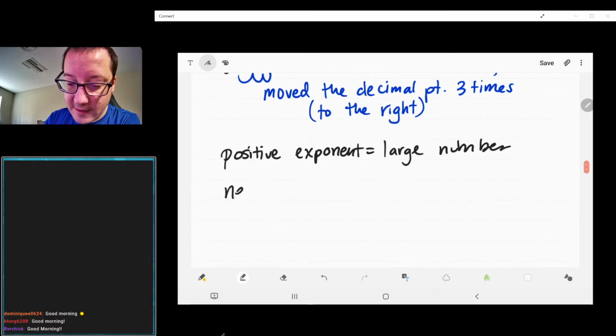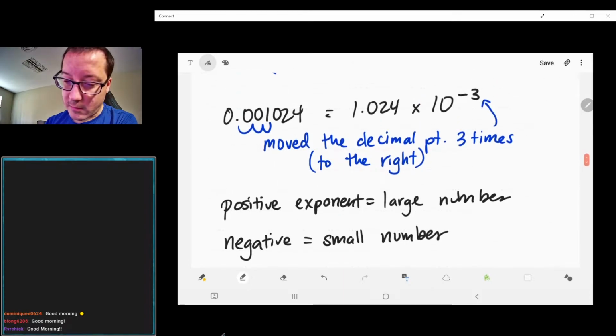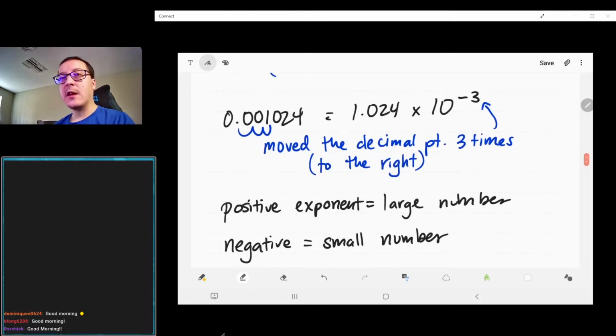And if yours is negative, that means a very small number. So here, I'll move that up a little bit so you can see that. So hopefully none of this should be necessarily new, but we're still going to go over it again just in case, or maybe it's been a while since you've done math with exponents.